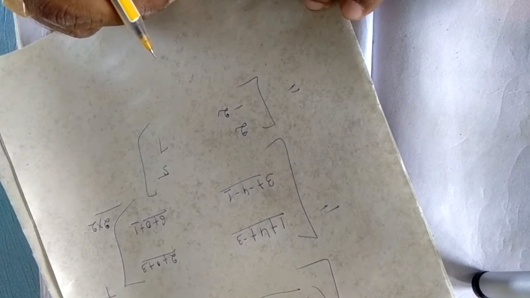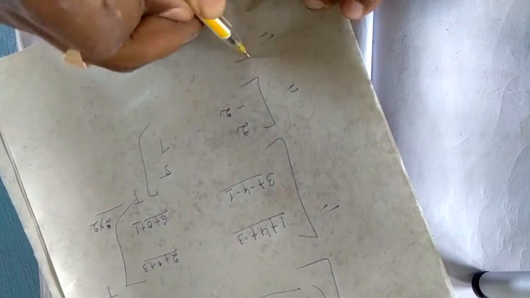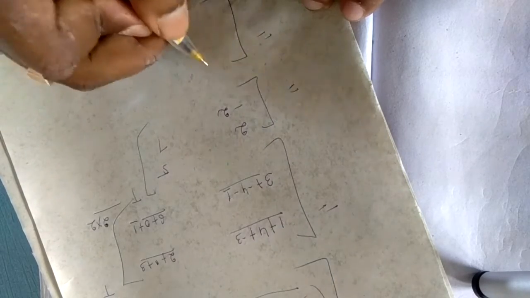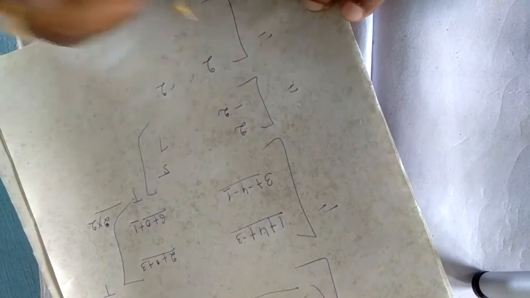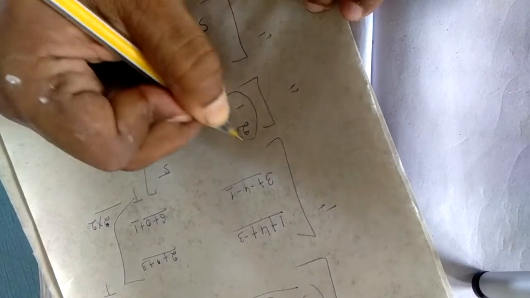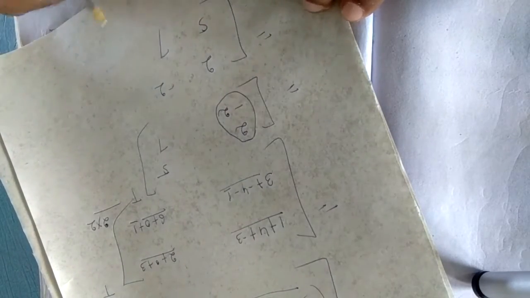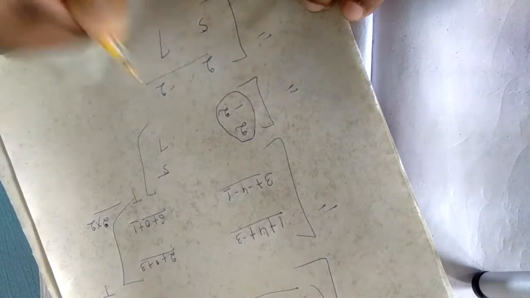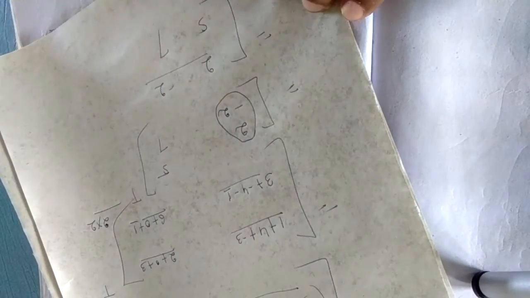Now the transpose of this matrix: row transposes to column, or column to row, that is 2 minus 2 written column wise, now you write it row wise. So 2 minus 2 5 7 row wise.